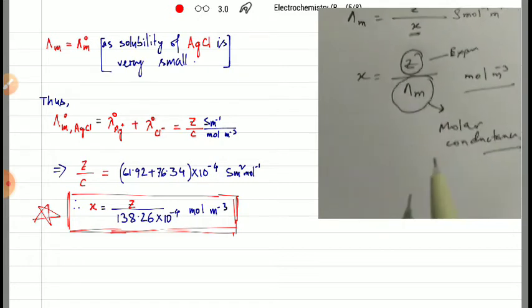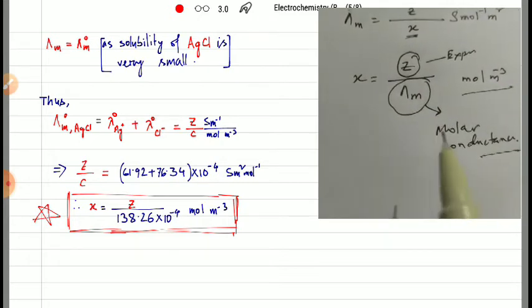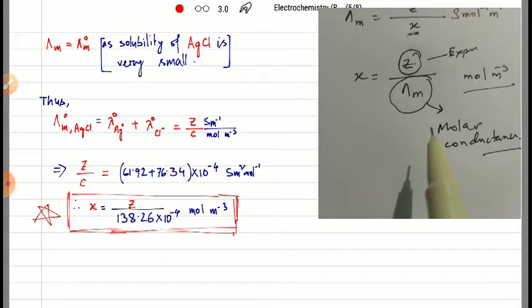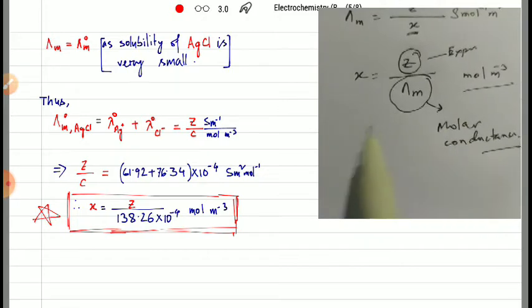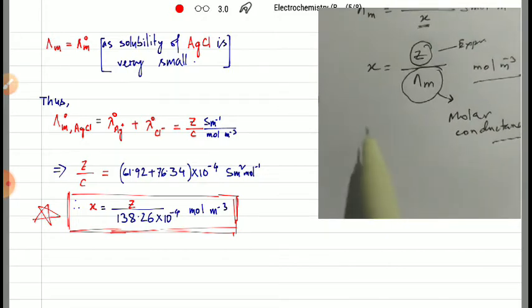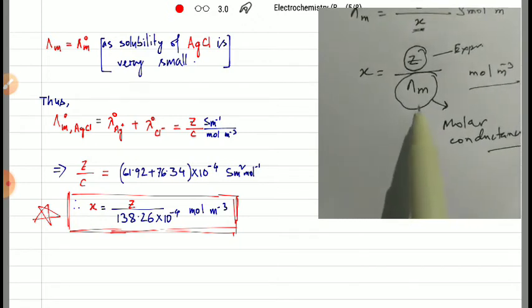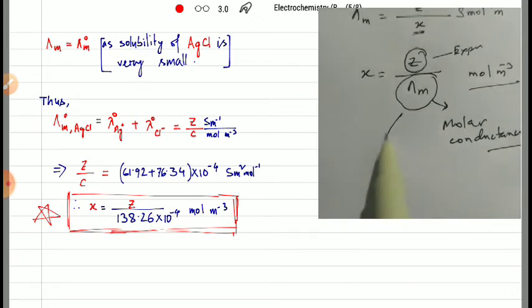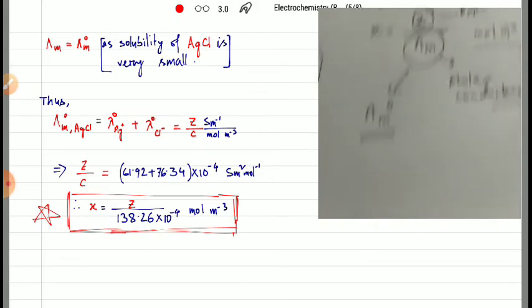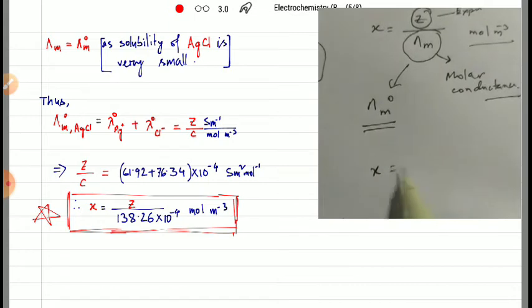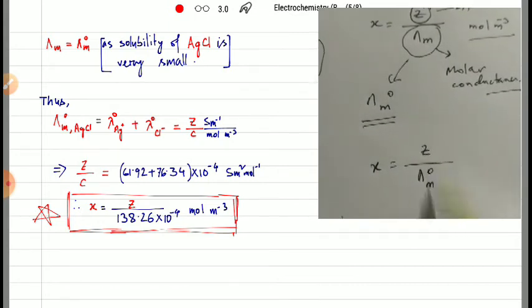So that solution will behave like an infinitely dilute solution. That means the molar conductance will be lambda m naught, so we can write lambda m naught in its place.